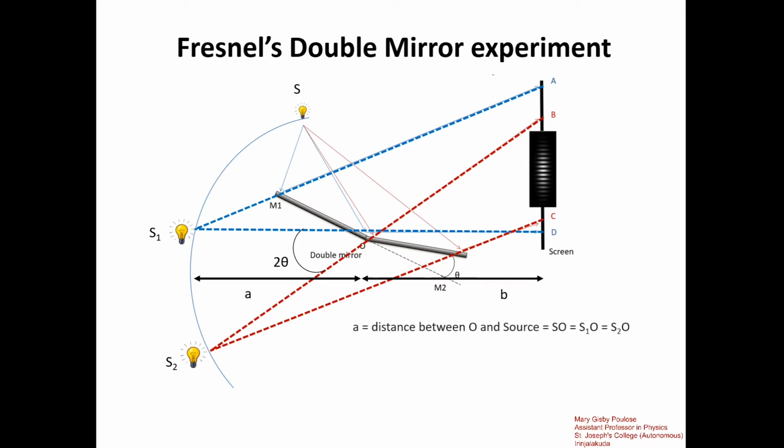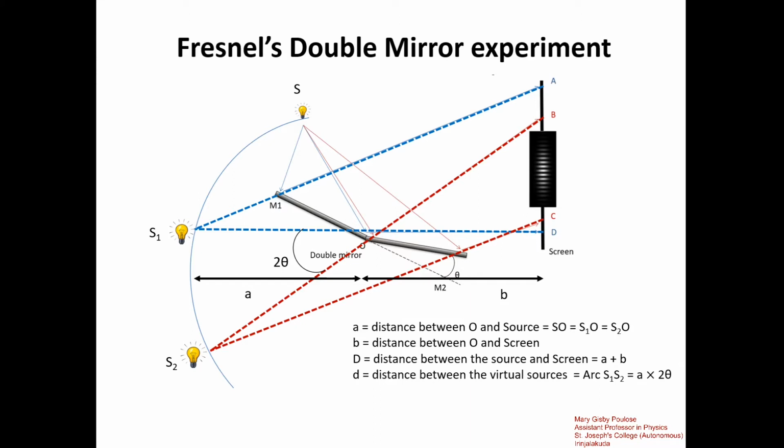Then we have the distance between O and source to be a, and b to be the distance between O and screen. Hence, capital D, the distance between the source and the screen, is obtained as a plus b. And small d is the distance between the virtual sources.